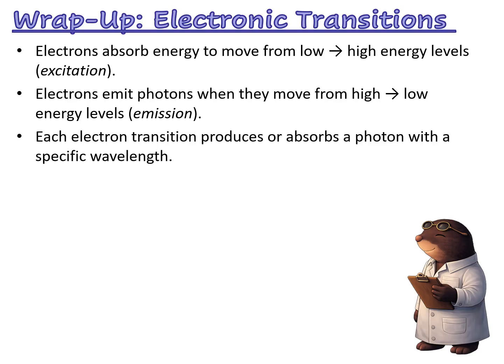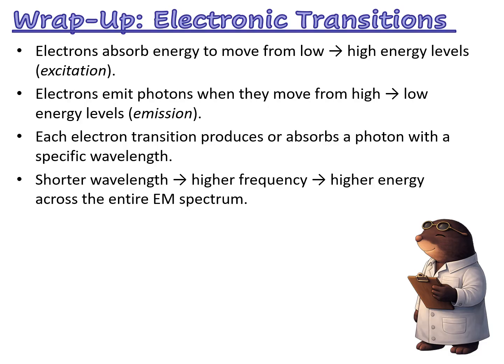Each electron transition produces or absorbs a photon with a very specific wavelength. So 656 is going to be the red one. 1875 is that really long one down in IR. Shorter wavelength means higher frequency, which means higher energy across the entire electromagnetic spectrum.